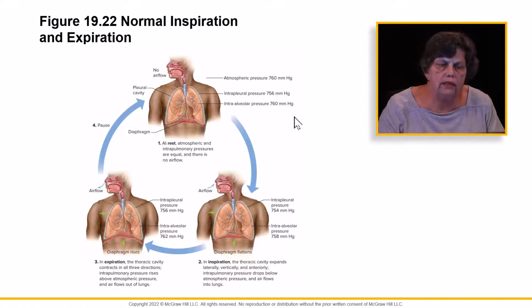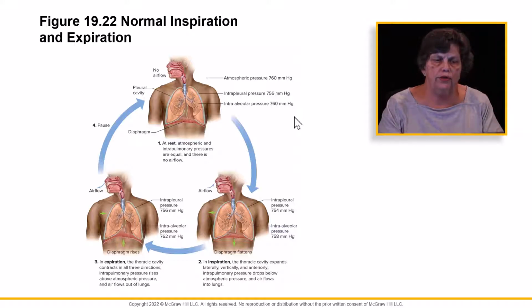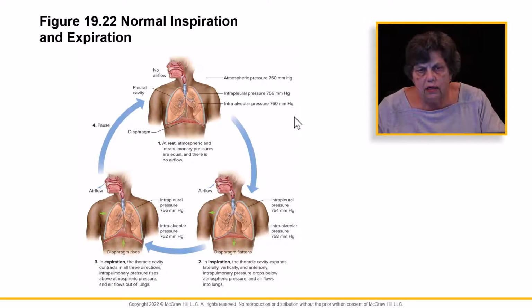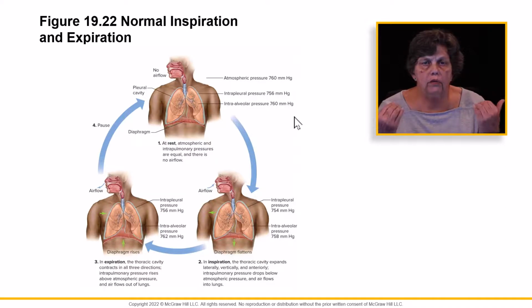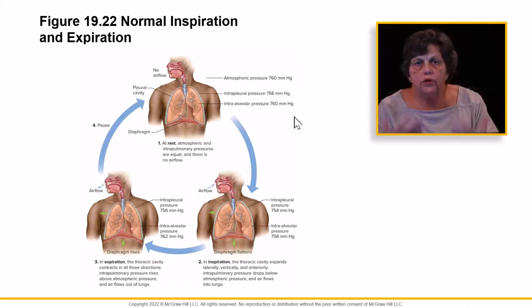So at rest, the atmospheric pressure and what we call the intrapulmonary pressure are equal, and there is no airflow. So if you just sit here and just open your mouth, not breathing in or out, there's no air exchange.